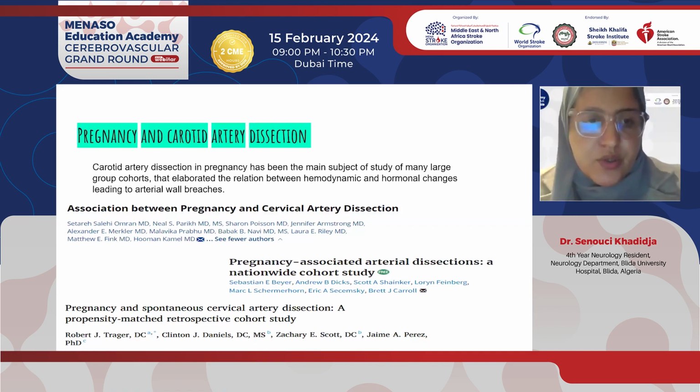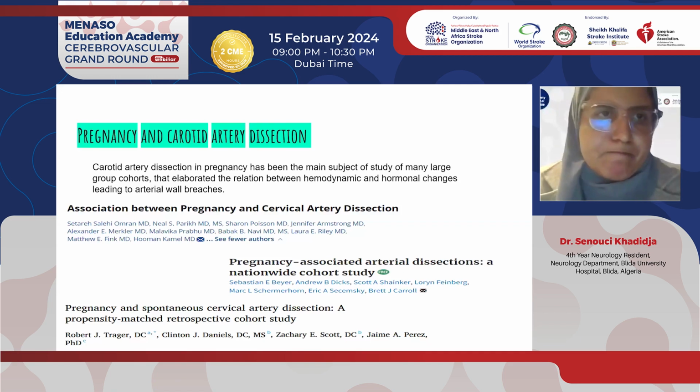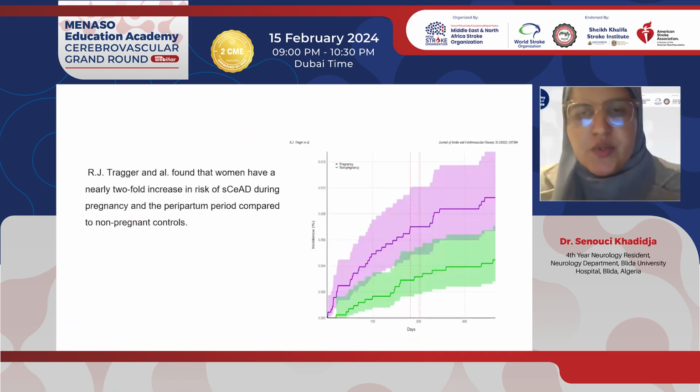The third cohort was the Traeger cohort that studied almost 920,000 pregnant patients, among which 900 patients presented with artery dissective disease. So I tried to gather the results of these cohorts.